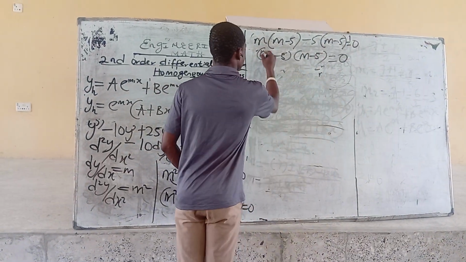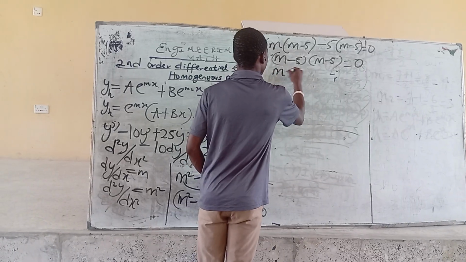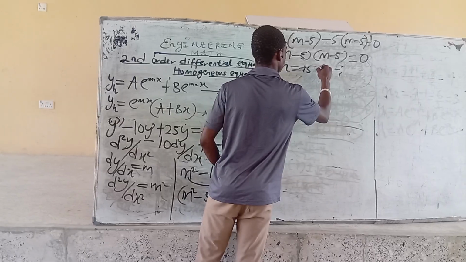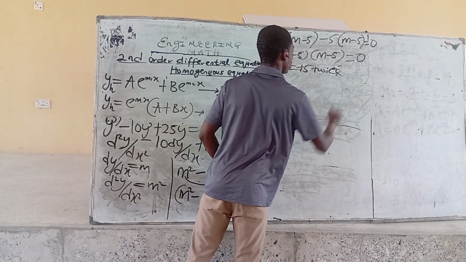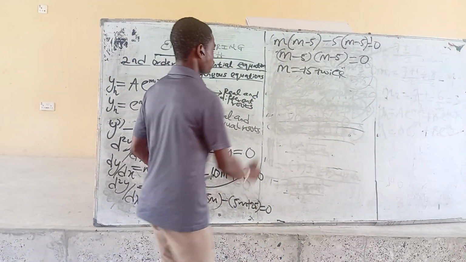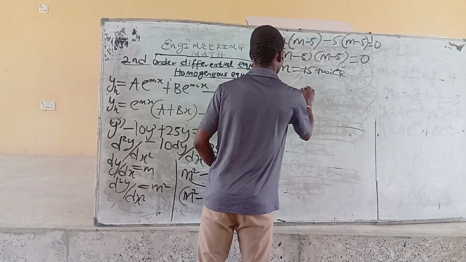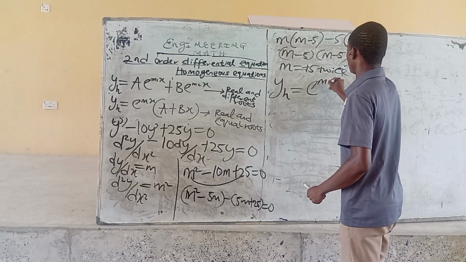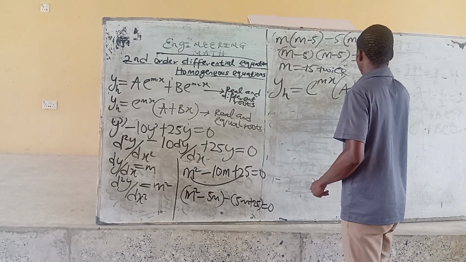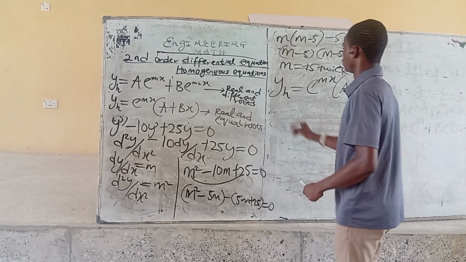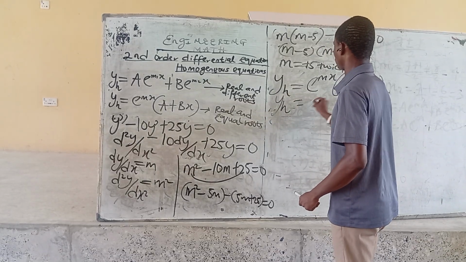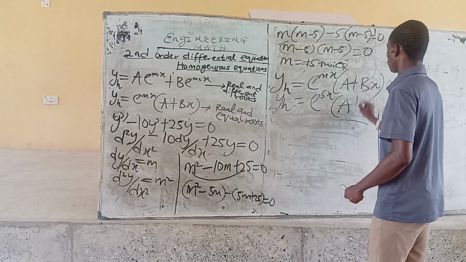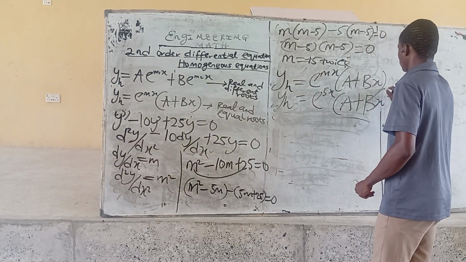So m equals positive 5 twice. So what we're going to have is the form for real and equal roots: e to the mx times (a plus bx). So the homogeneous solution is going to be e to the 5x times (a plus bx).